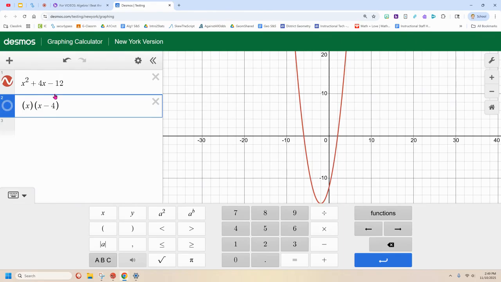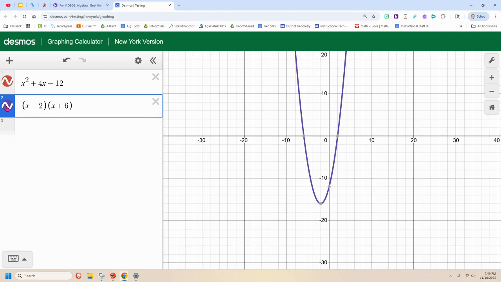And it says subtract 2 and plus 6. I need to turn it back on. There it is. So if I turn it back on, notice that it's the same graph.